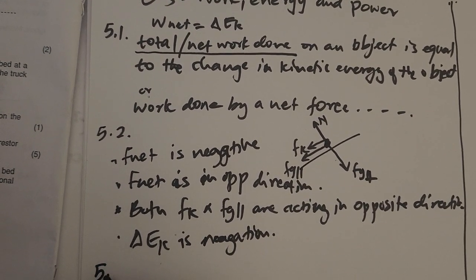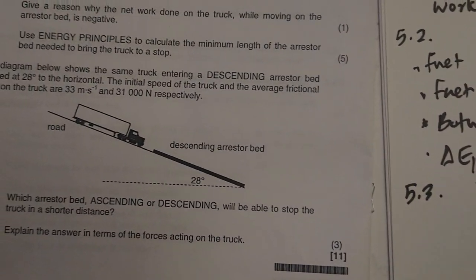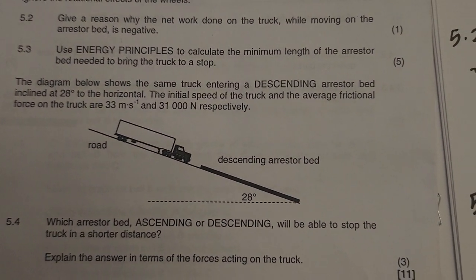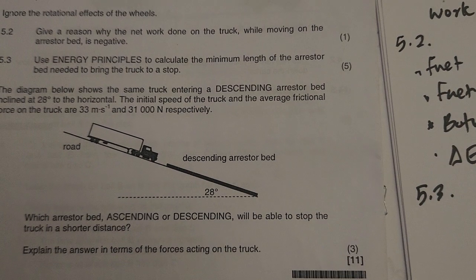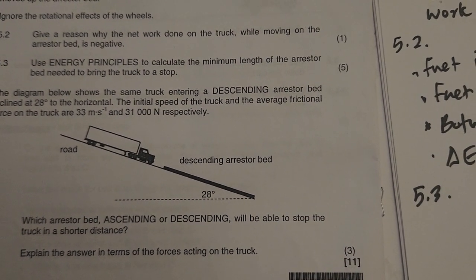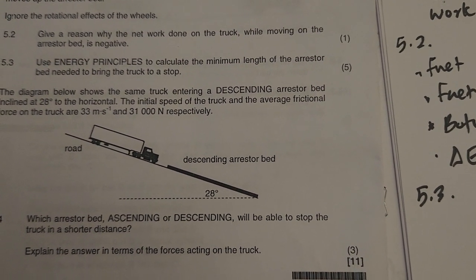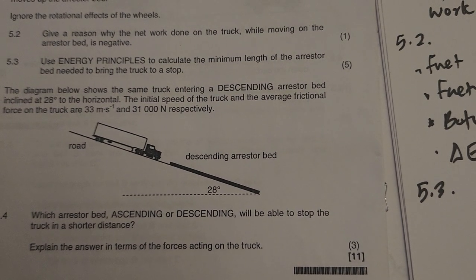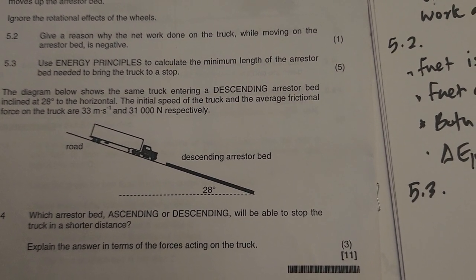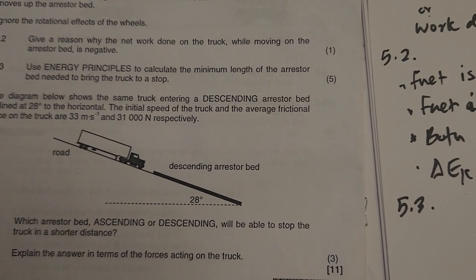Now 5.3, in this case, use energy principles to calculate the minimum length of the arrestor bed needed to bring the truck to a stop. The final velocity of the truck will be 0 now.